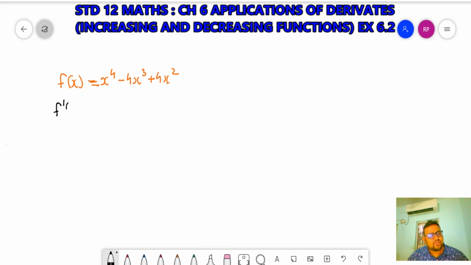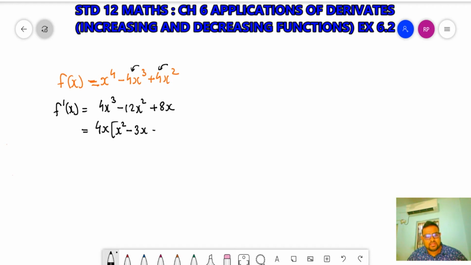What will be f dash x? 4x cube gives 4 times 3 is 12x square, minus 4 times 2 is 8x... Now I can take 4x common. It will be x square minus 3x plus 2.